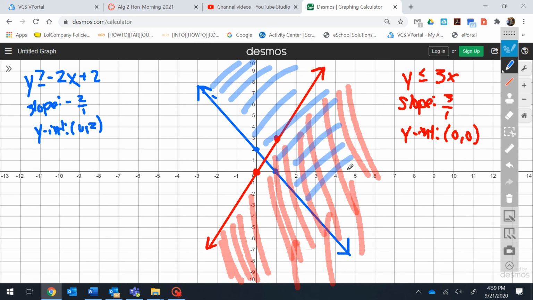And where these two overlapping regions are, that's our solution. So our solution is in this little space right here. That's all there is to finding our solution.